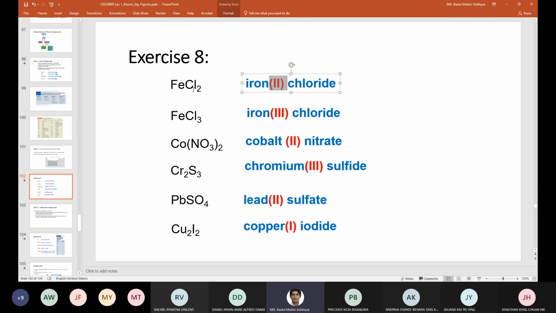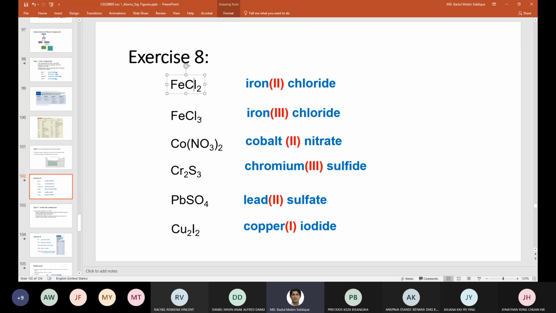How do you know? Because from here we can see that chlorine, each of them carries 1 negative charge. There are 2 chlorine added, so iron should be 2 positively charged. Only then will it be neutralized by the 2 negatively charged chlorine. So that is why iron 2 chloride is written that way.